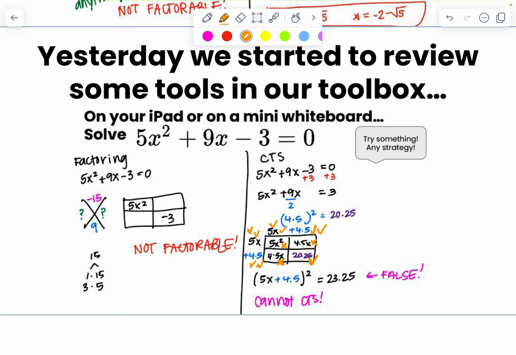Do you see that? That's the only part of this whole thing. This number is the only part that's actually valid. So we cannot complete the square. We cannot try and take the square root of both sides and do that. We actually did not complete the square. We just completely made up a different problem.